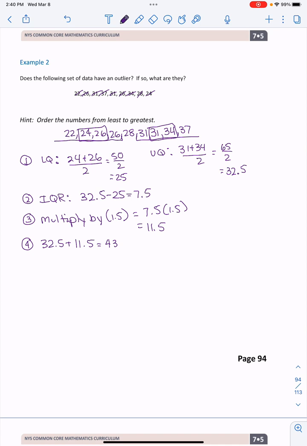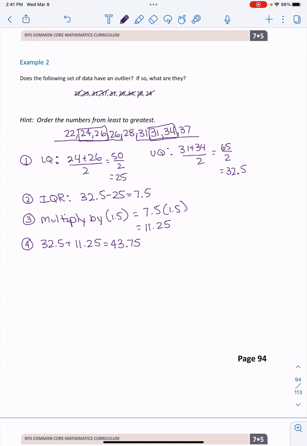Oh, sorry, guys. I multiplied that wrong. It's 11.25. I had it written down, just wrote it down wrong. So 11.25. So we have 43.75. Do we have any numbers that are higher than 43.75?